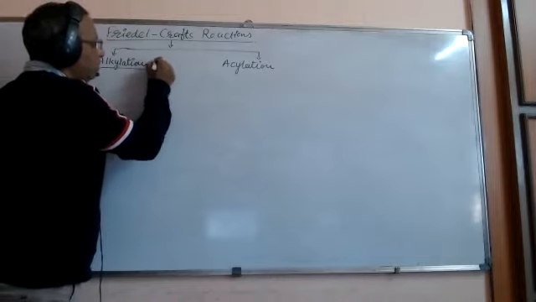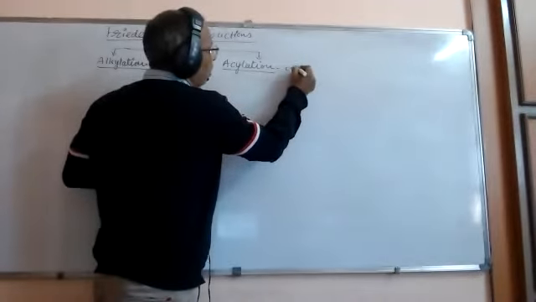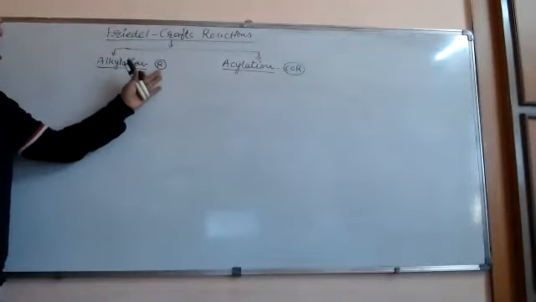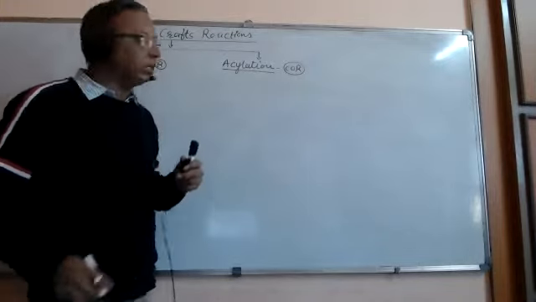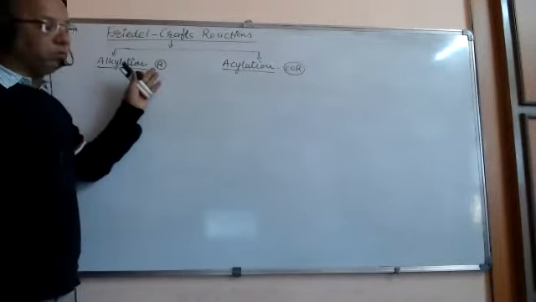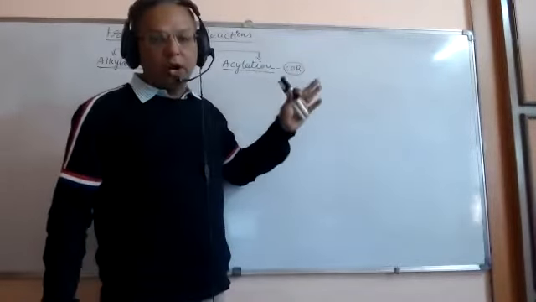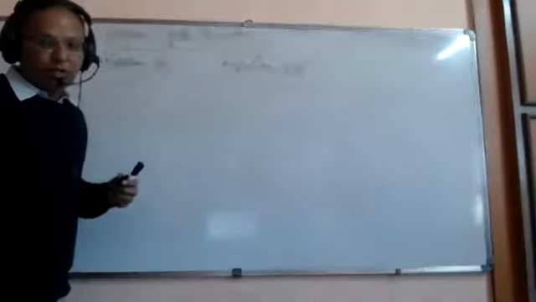Alkyl means R, and the acyl group is COR. So in alkylation we will add only R. R means methyl, ethyl, propyl like molecules are to be added, and in acyl, acyl means COR, that is COCH3 like compounds are to be added.